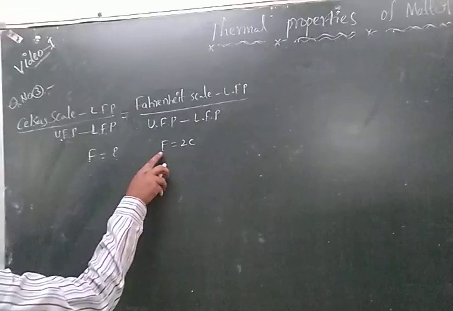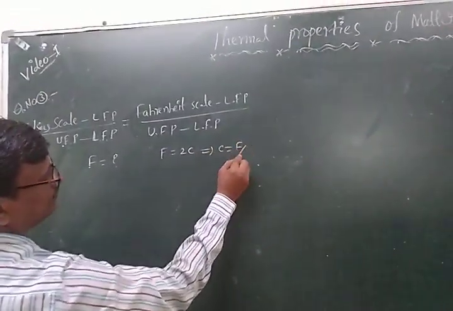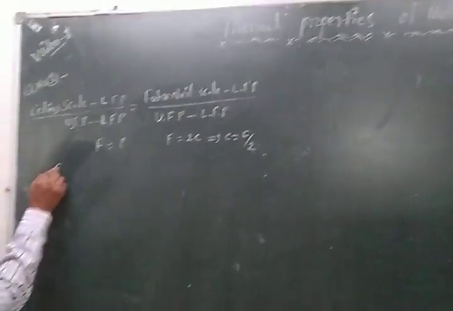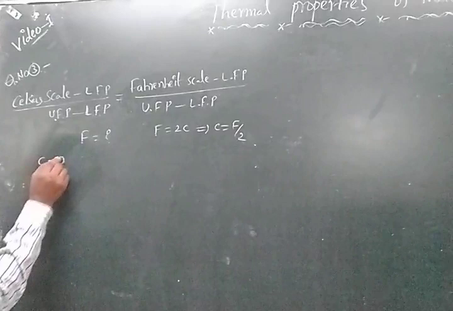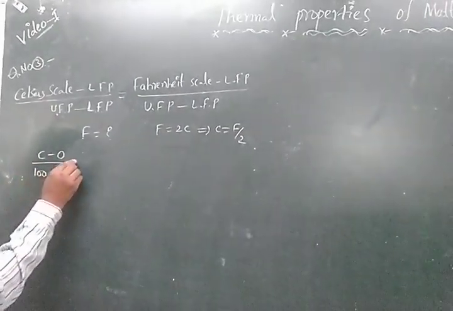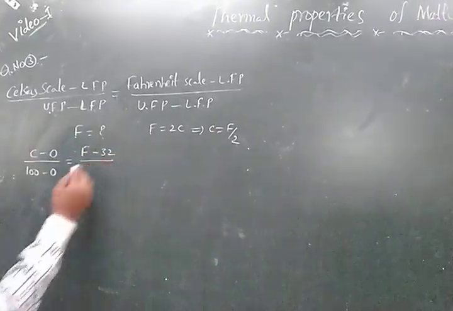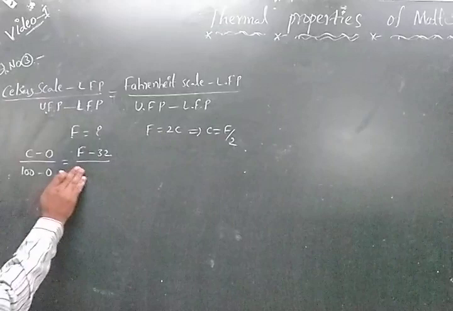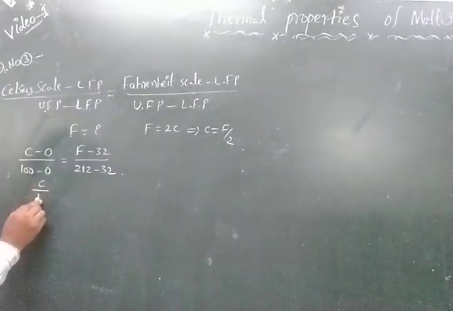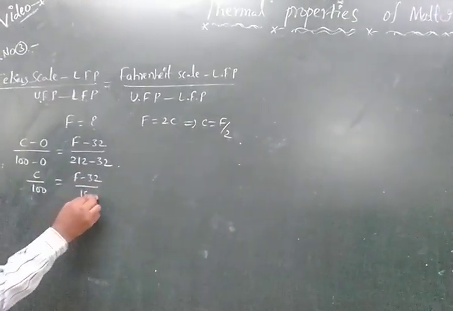The condition given is F = 2C, which implies C = F/2. For Celsius the lower fixed point is 0 and the upper is 100, so (C − 0)/(100 − 0) = (F − 32)/(212 − 32).